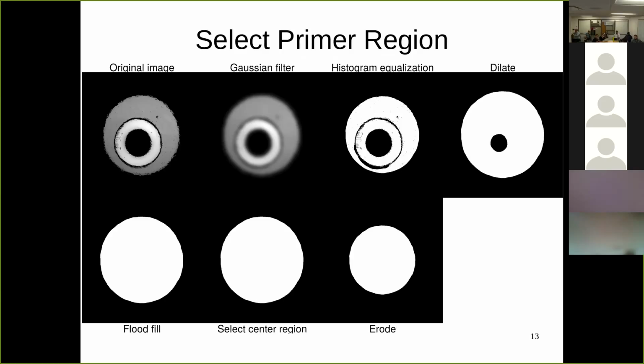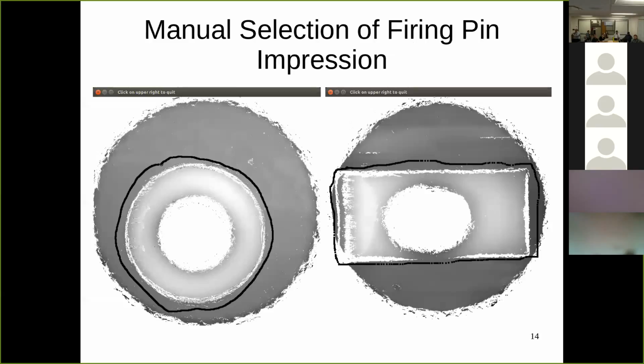The firing pin impression is more challenging. We would like to do this automatically, but we haven't got it to work as well as we'd like. So for right now, for this talk, I'm just going to go over results that we've done using a manual selection of the firing pin impression. I wrote a tool that is like a free-form drawing tool that lets you select the firing pin and cuts it out.